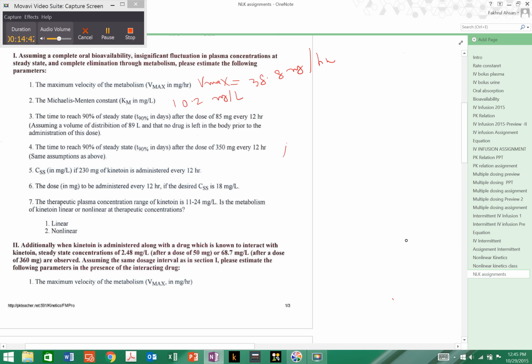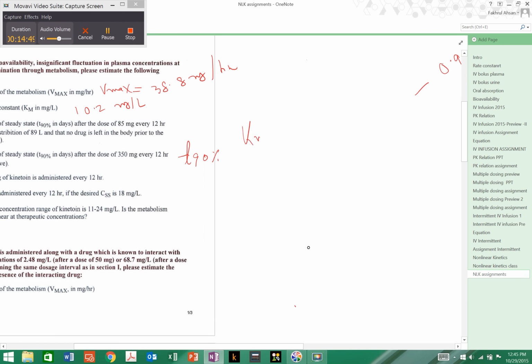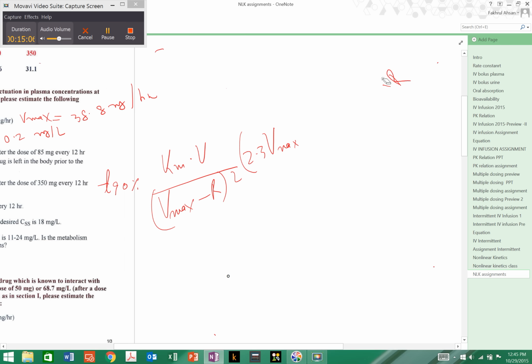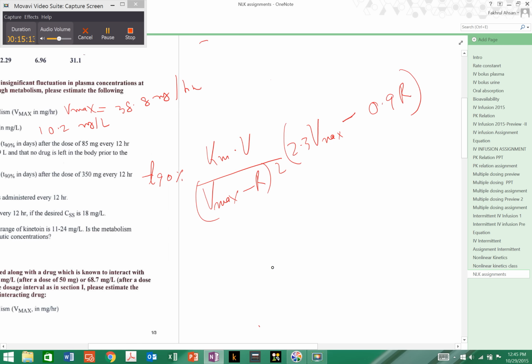You have to use this equation, T90% equals Km V divided by Vmax minus R whole square, then 2.3 Vmax minus 0.9 R. This is the same equation.